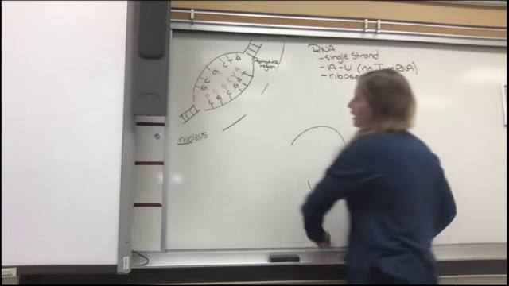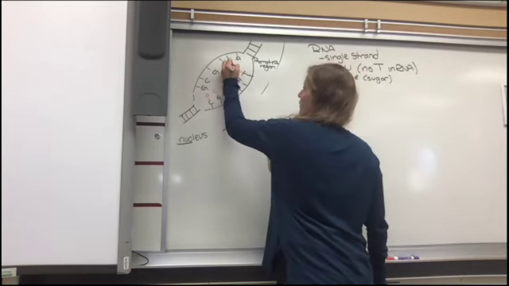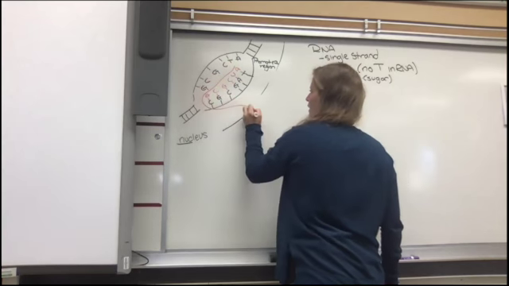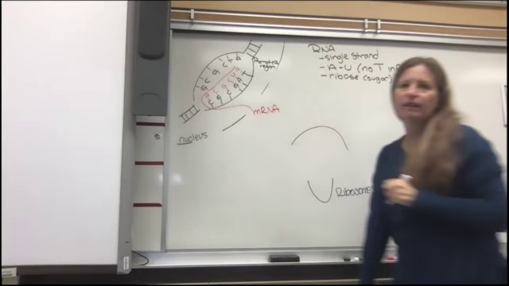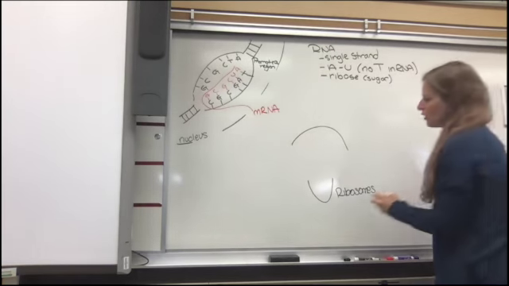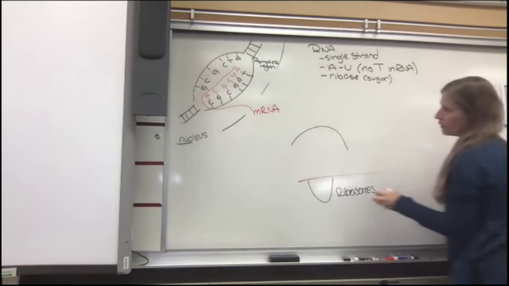Okay, so now I've got this transcribed. I have it rewritten as mRNA. mRNA leaves the nucleus through a nuclear pore and goes to a ribosome.